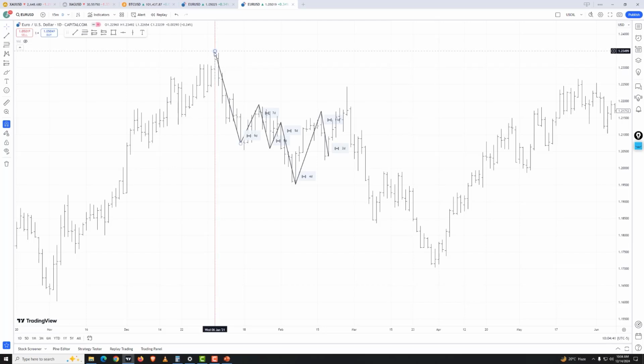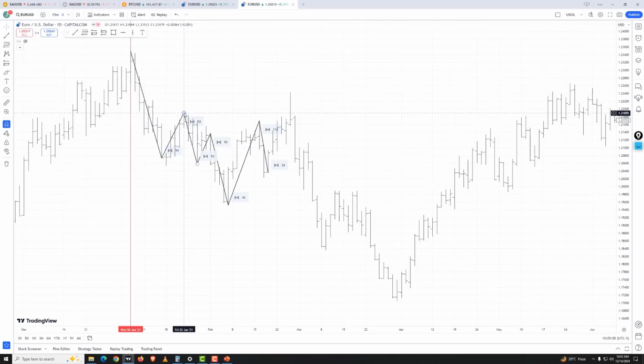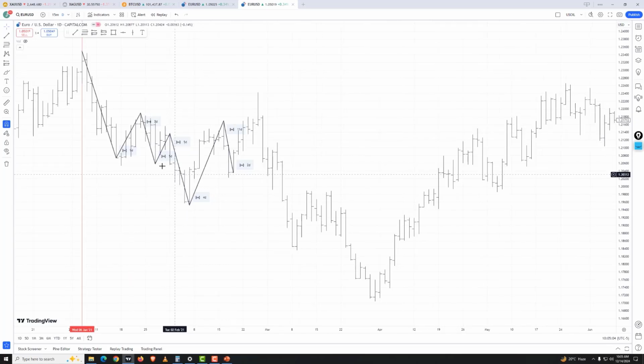You took a turn from here, from that top to that bottom, which is 9 days. The next turn you took from here to here, it's a 7 days move. From this top to this bottom, it's 5 days. And from this bottom to this top, it's 5 days again.